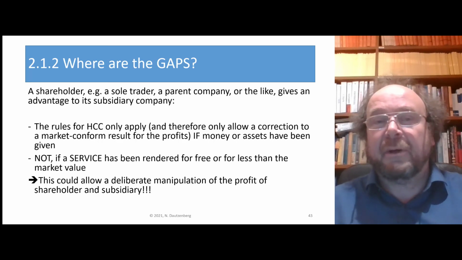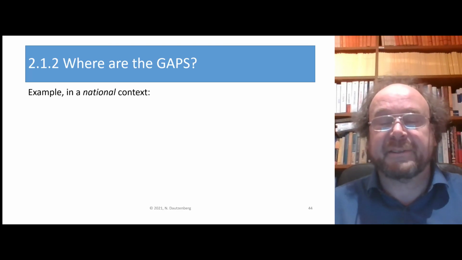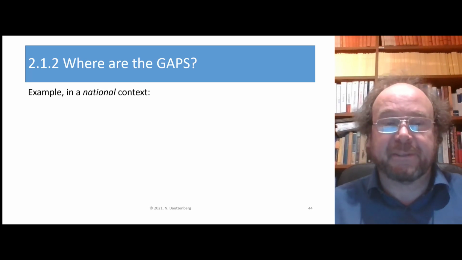That would allow a deliberate manipulation of the profit by the shareholder and the subsidiary. So in a cross-border relation, you could easily shift money from one state to the other state. And that has drastically different consequences.